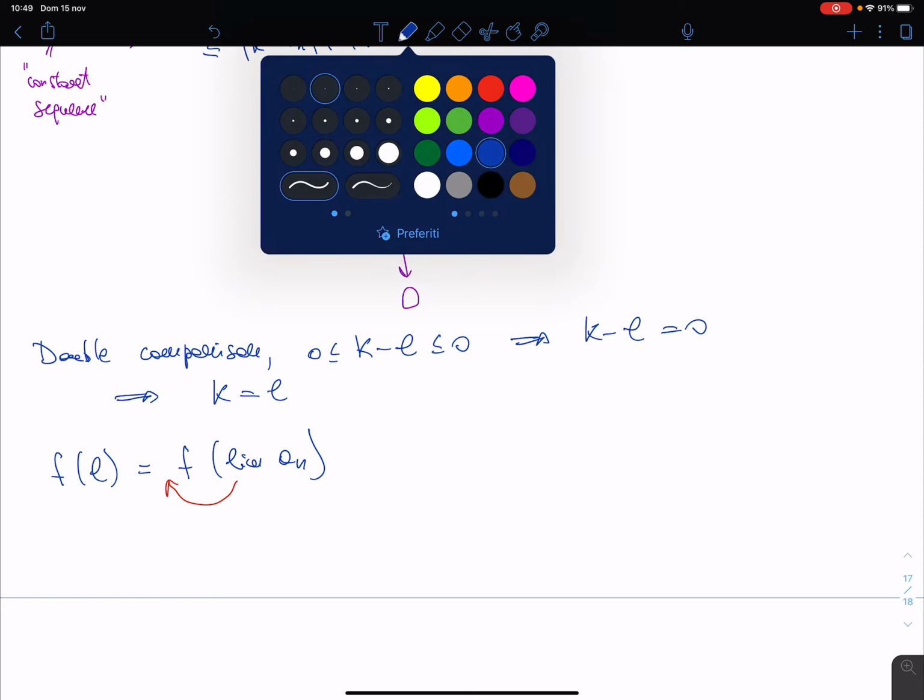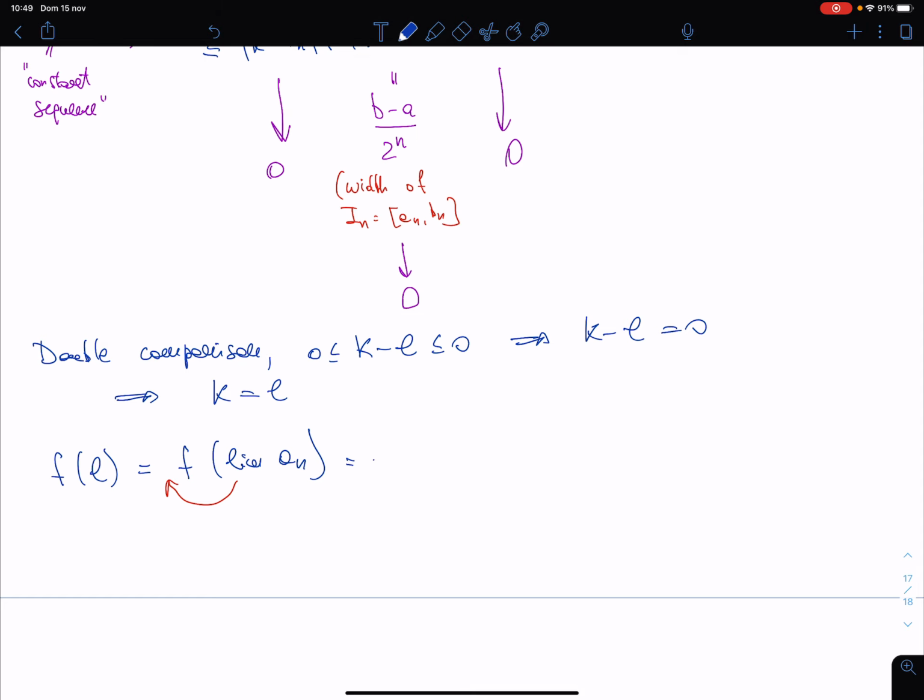This is equal to the limit of f of a_n. And since f of a_n is always negative, this is less or equal to 0 by permanence of sign. So this is permanence of sign, and this is continuity of f.